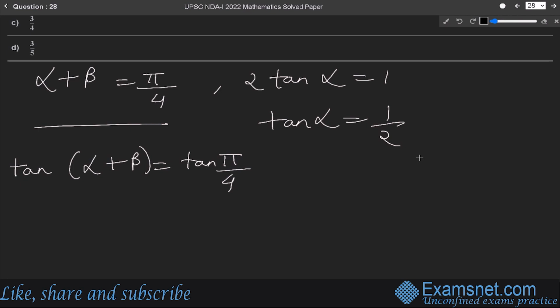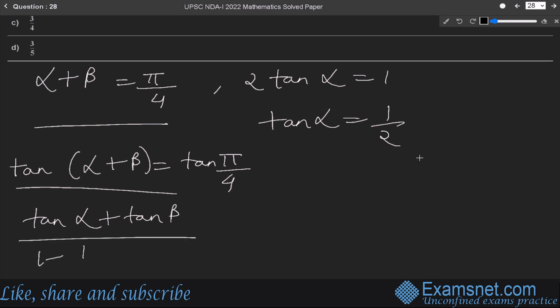So now we'll apply the formula of tan(A plus B), which is (tan A plus tan B) upon (1 minus tan A tan B). Here A is alpha and B is beta. Now it is equal to tan(pi by 4). The value of tan(pi by 4) is 1.